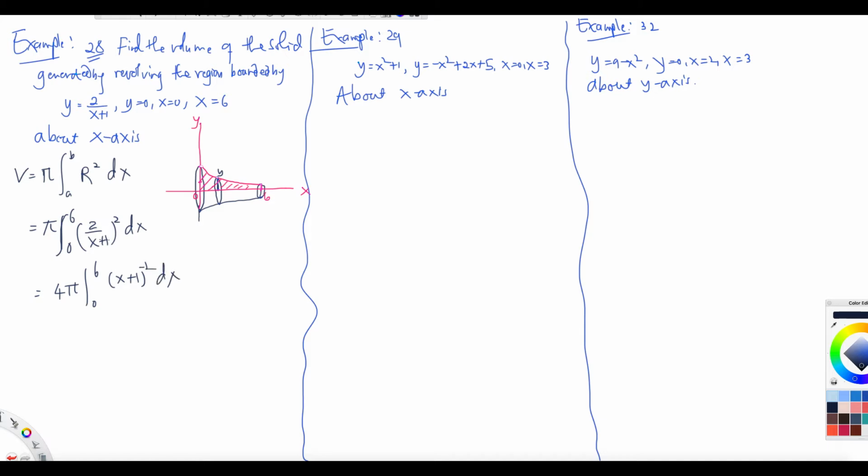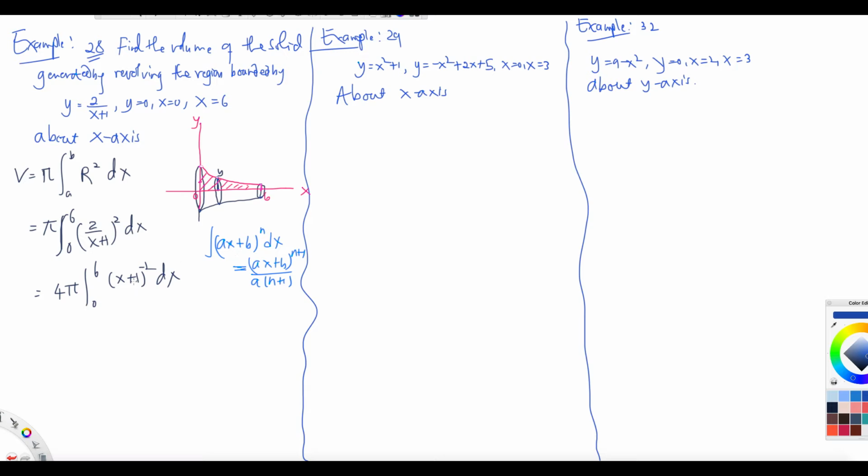Why is that? Because the square of 2 is 4, and I pull that up to the front because it is a constant, and then there will be x plus 1 squared on the bottom, right? So if you move that to the top, this is what you get. But do you know that one formula? It is like ax plus b to the n. The integral of ax plus b to the n dx will be ax plus b to the n plus 1, divided by a times n plus 1.